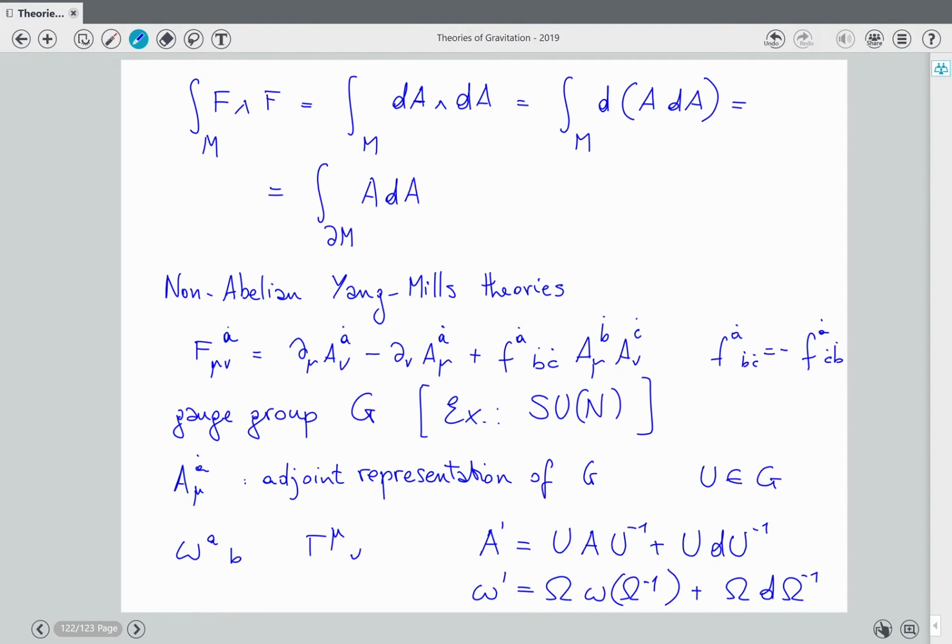And so if you want to apply this formula for the transformation, you will get the usual gauge transformation.